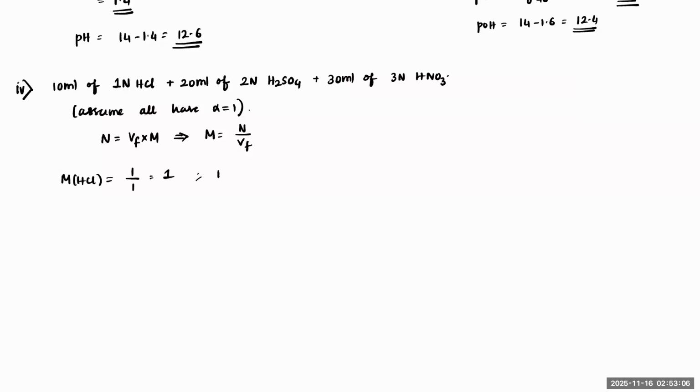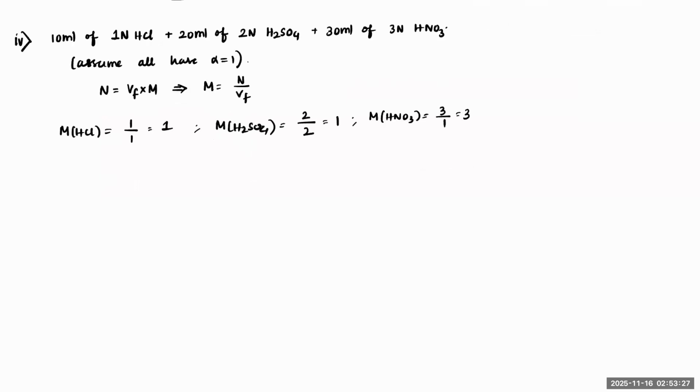Molarity of H2SO4 is normality divided by valency factor, which is 2, and molarity of HNO3 is 3 divided by 1, which is 3.